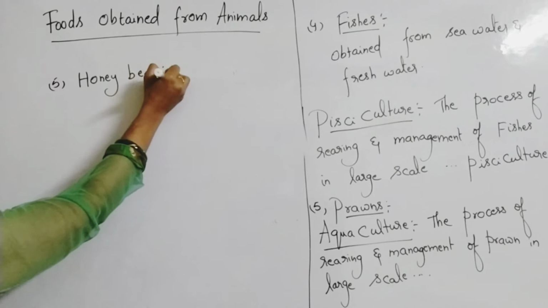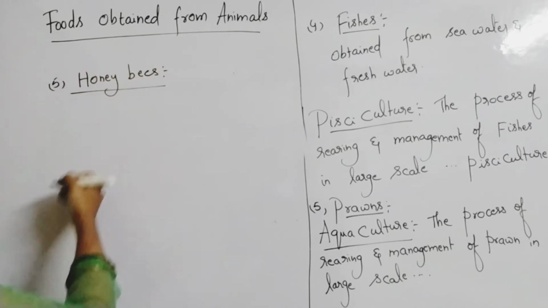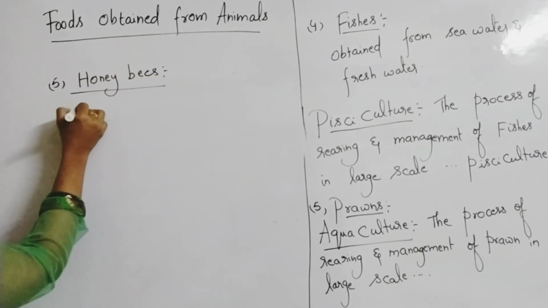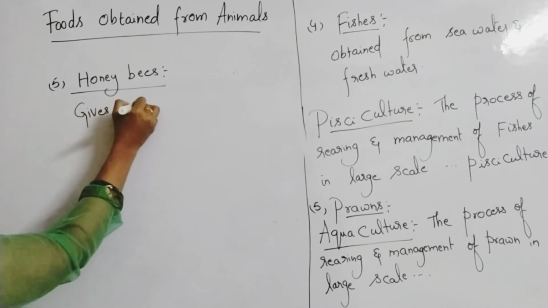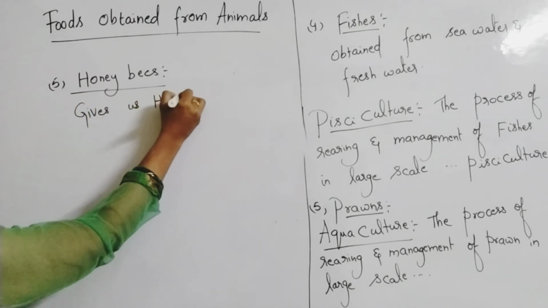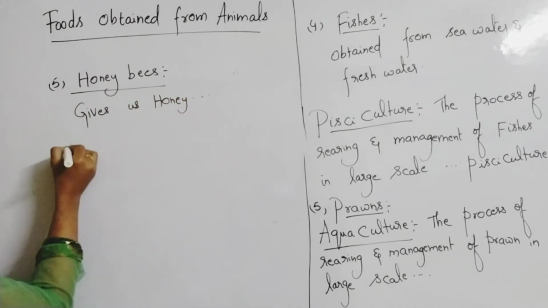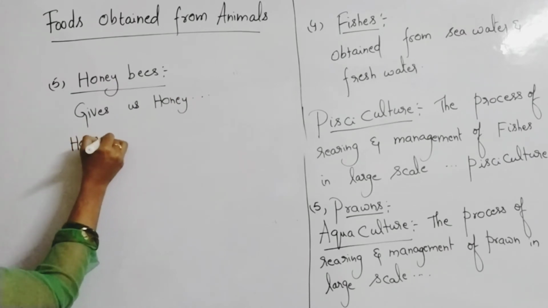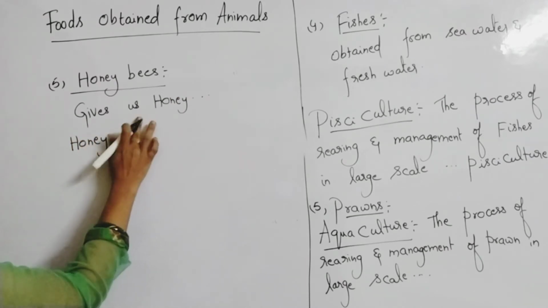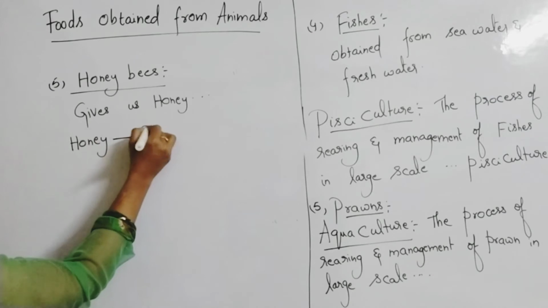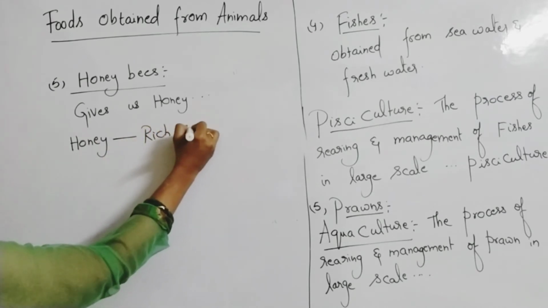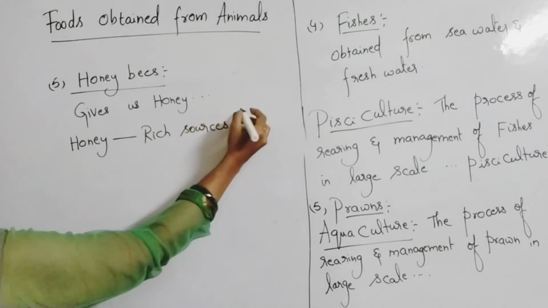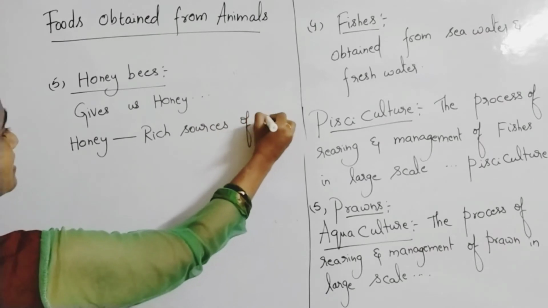Honeybees are also best sources of our food. They give us honey. And honey is a rich source of what? Sugars and minerals. All types of sugars are present in honey.